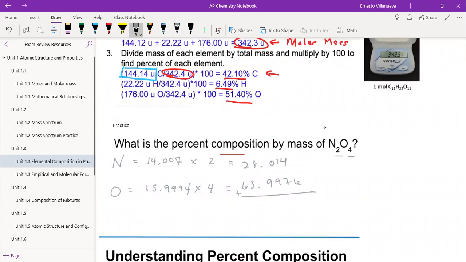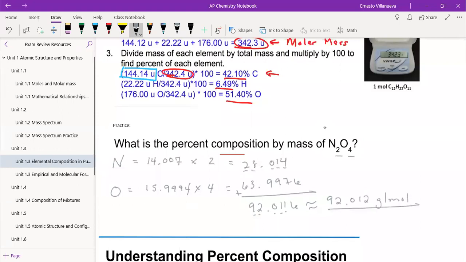That's going to give me a total mass of 92.0116. I only have 1, 2, 3, 4, 5 significant figures. So this is going to be 92.012 grams per mole. So this is the total molar mass of the compound.